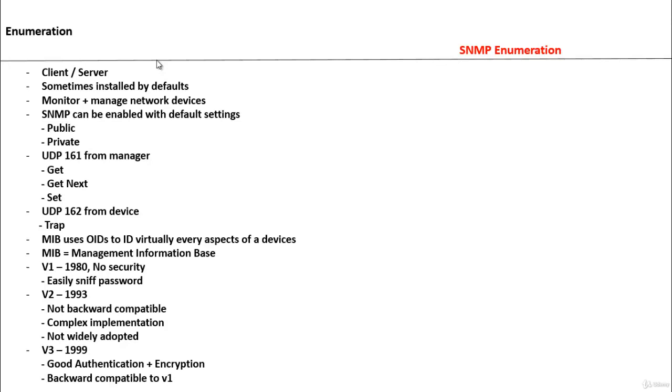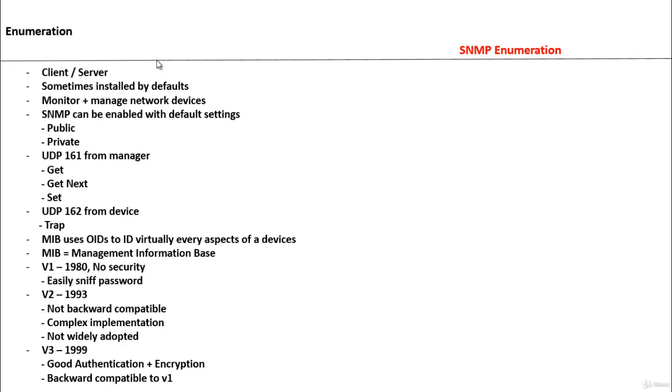Version 1 has no security. Anyone can sniff the SNMP password from the network using tools like Wireshark. Version 2 has no backward compatibility, has a complex implementation process, and is not widely adopted by network or system engineers.